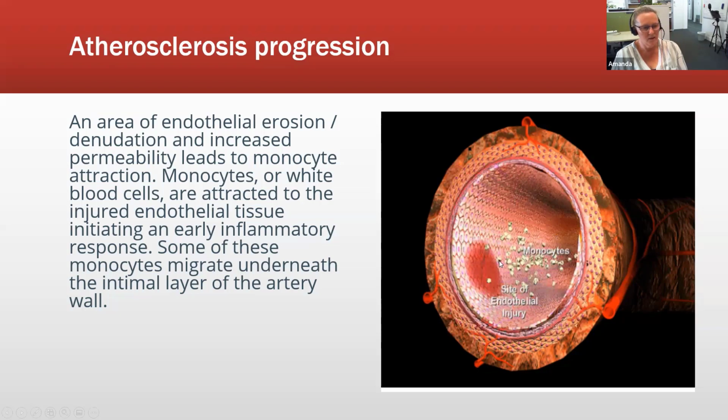There is a site, either a denudation or increased permeability, almost like a graze, where monocytes can travel through the endothelium and start causing damage. It can start with this small abrasion, and monocytes being white blood cells.